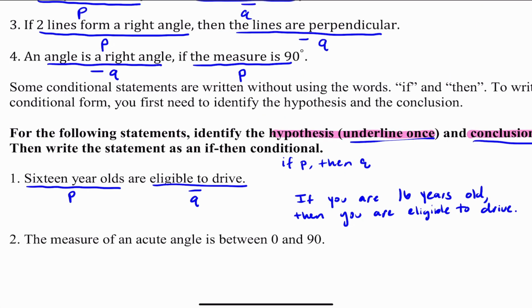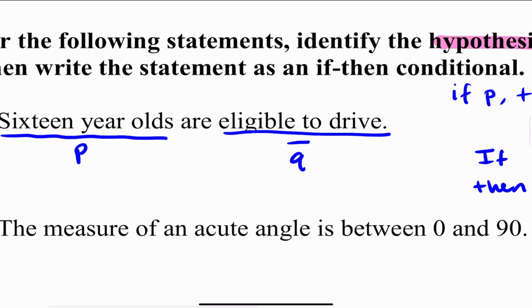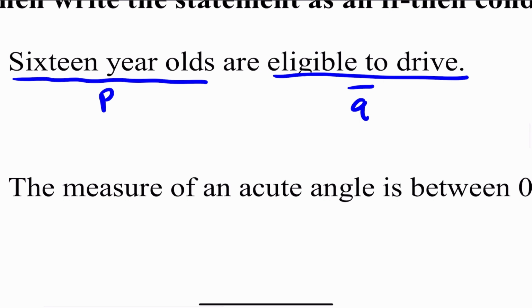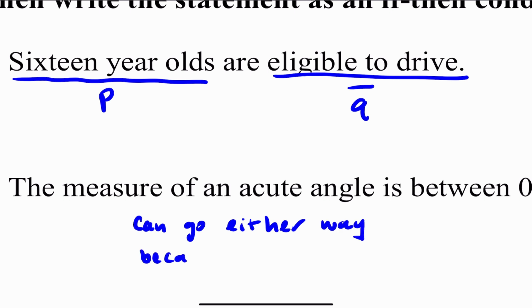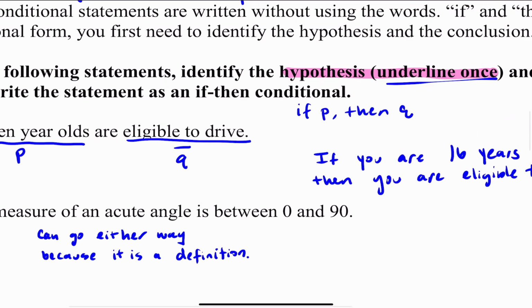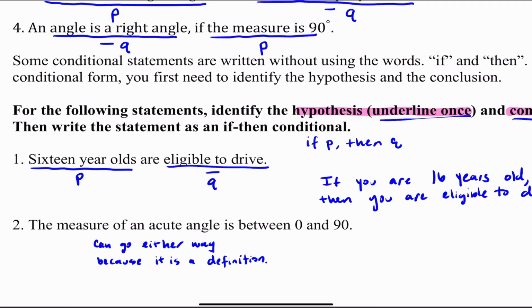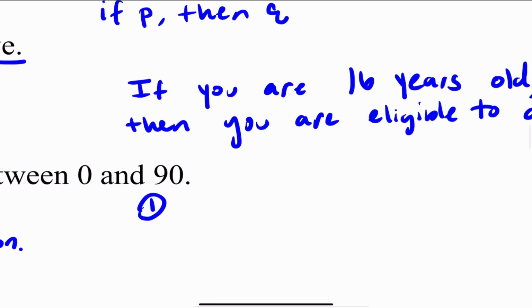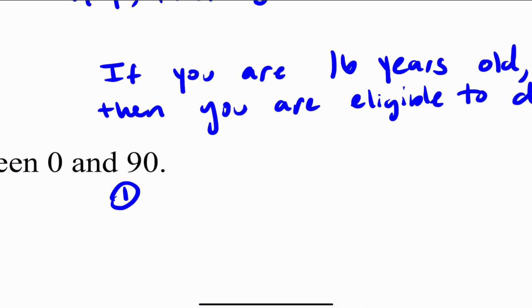Number two, the measure of an acute angle is between 0 and 90. Now, I just want to make sure that we understand this is actually the definition, so it can go either way. So I can write this statement as, number one, if the measure of an angle is between 0 and 90 degrees, then it is acute.